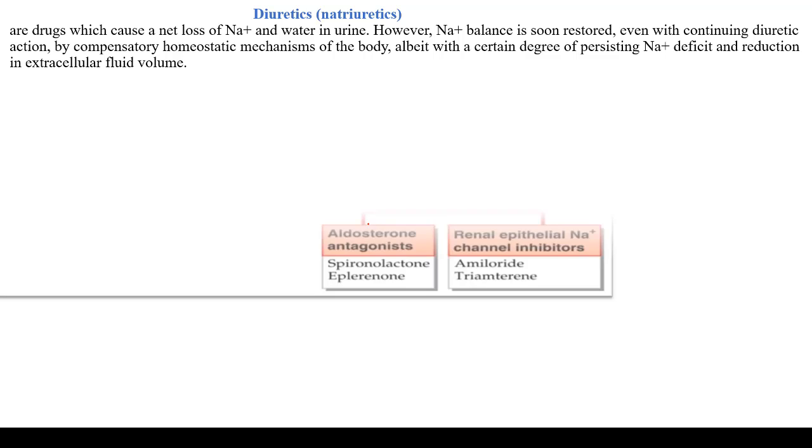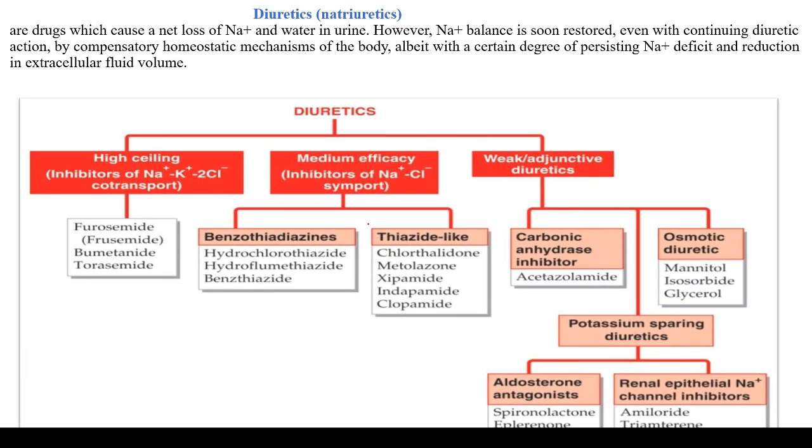So let's get into the classification. This is our classification. In this you have high ceiling diuretics, the next is medium efficacy, and the third is weak diuretics. Let's start with the high ceiling diuretics. The best drug among all diuretic drugs is furosemide. Next are bumetanide and torsemide.